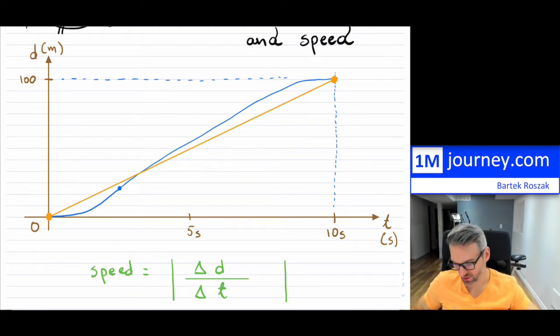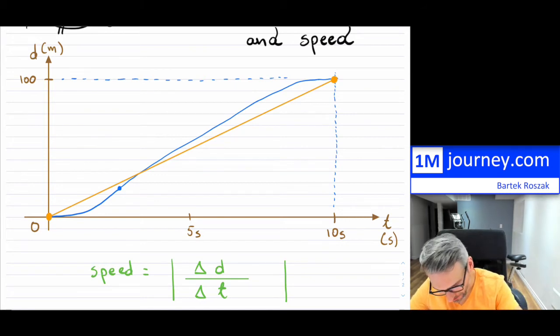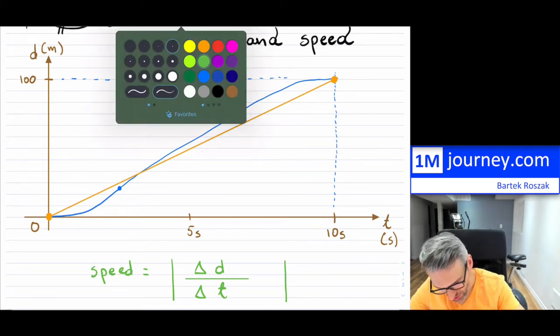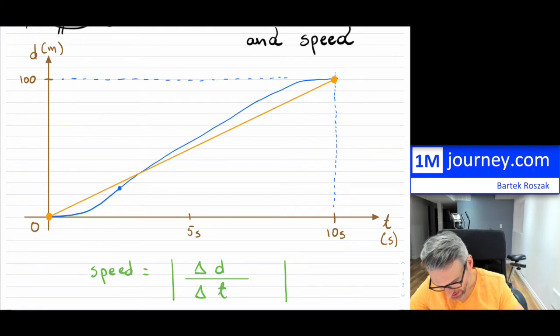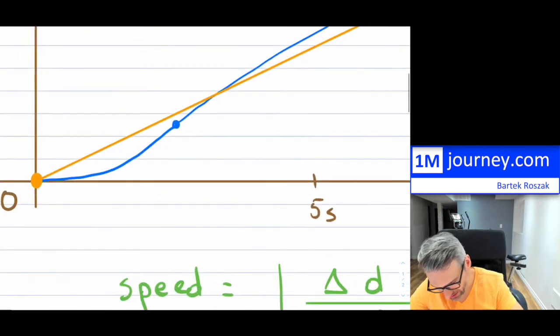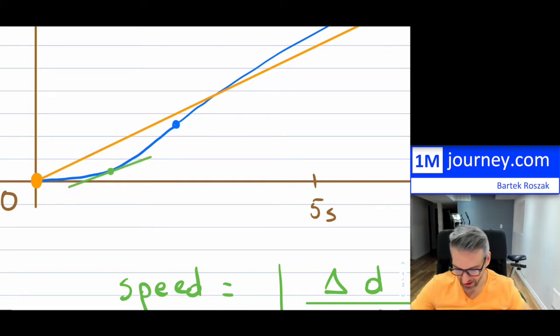That's what you might see here. So if I wanted to know the instantaneous rates of change, I could have picked a point right here, and it's almost like drawing a tangent line. I'm going to put that tangent line in there, and that would have been my instantaneous speed at that point.